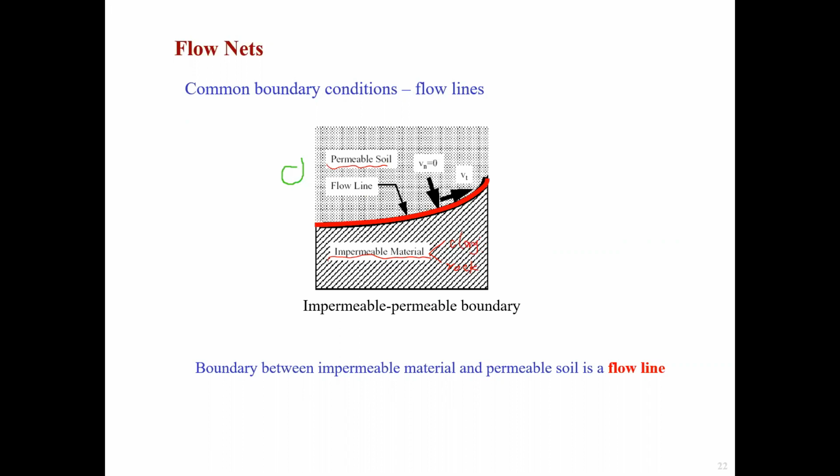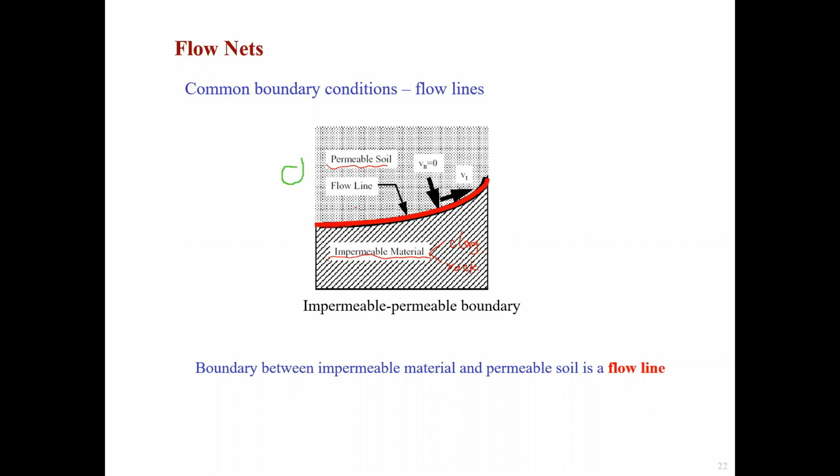Because for clay, the coefficient of permeability is very small, so normally we can take that as impermeable material. Sand is normally permeable material or permeable soil. So impermeable material means clay and rock. So that's the interface between the permeable soil and impermeable material.